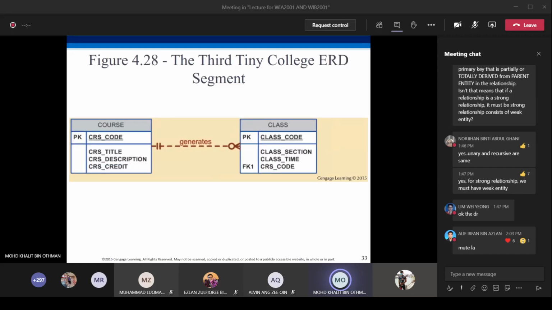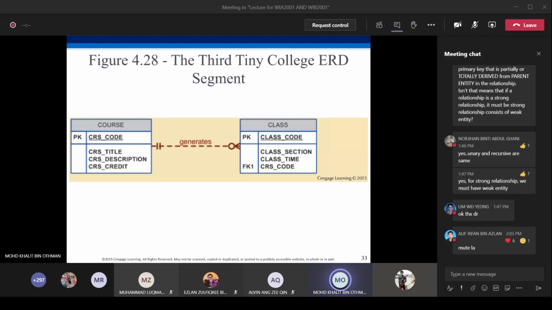And then this is figure 4.28, an example of the third ERD segment of Tini College. Same, based on this figure, we have 2 entities here, which are course and class. And then we have one relationship between course and class.